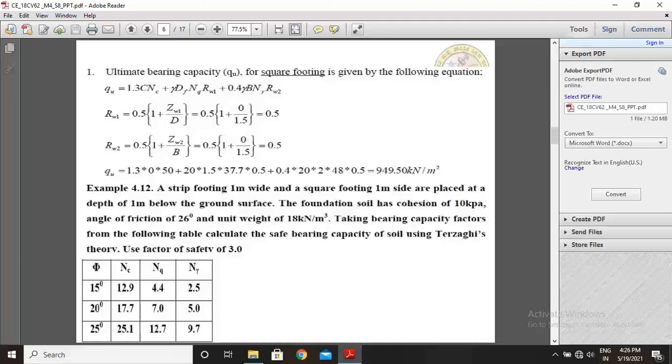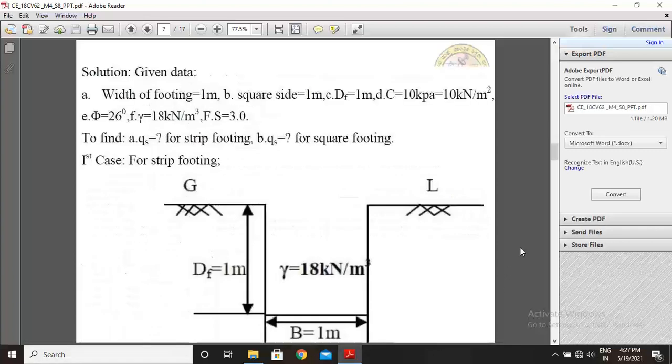So based on the phi value, we should select the NC, NQ, N gamma values. Let us see the solution. Given data: the width of the footing is 1 meter, that is strip footing, and square side 1 meter.